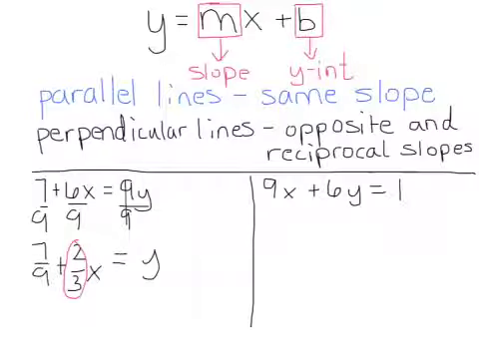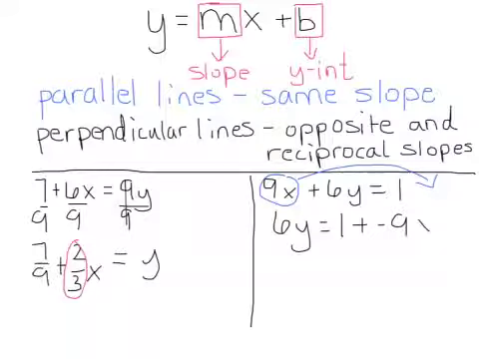Now let's try to find the slope of the next line by getting y by itself. The first thing that I want to do is move the 9x over with the 1 so that I can begin to get y by itself. So it would be 6y equals 1 plus negative 9x. Then to get y by itself, I'll divide everything by 6.